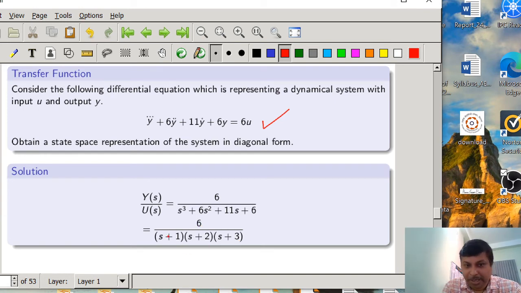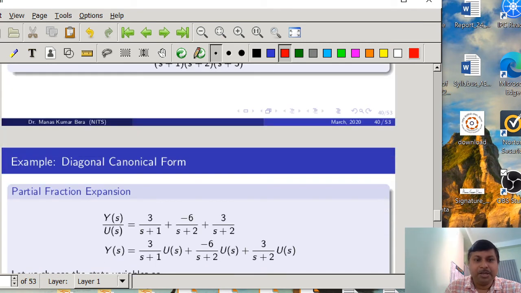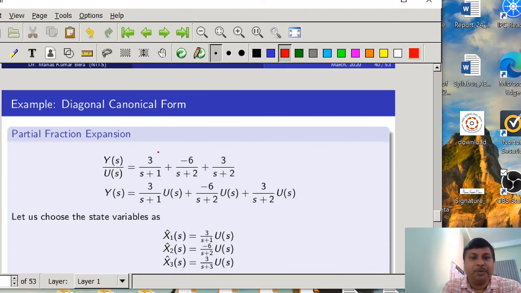Here you can clearly see the poles of the system are -1, -2 and -3. If we want to represent this in diagonal canonical form, the first step is to find the partial fraction expansion of this expression. If you do the partial fraction expansion, this will be 3 by s plus 1 plus -6 by s plus 2 plus 3 by s plus 3.